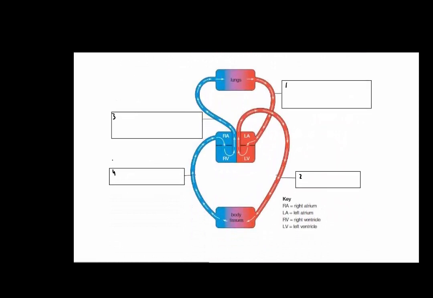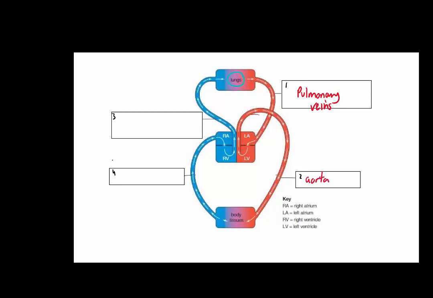Now, if you look at this, this shows the double circulation. So, we've got blood in the lungs here. It travels from the lungs back to the heart, to the left atrium, in the pulmonary veins. It then travels from the left atrium to the left ventricle, up and out in the aorta.